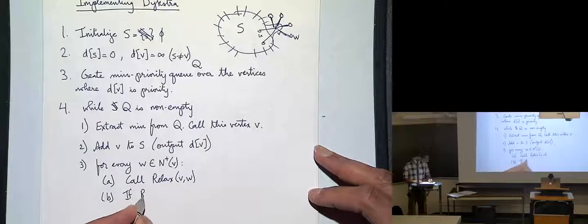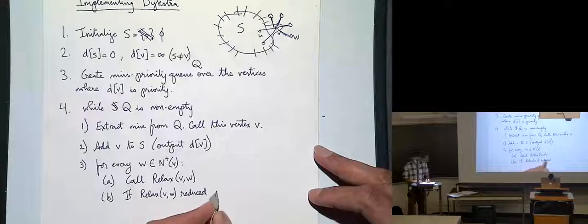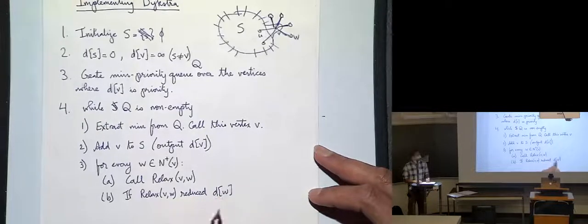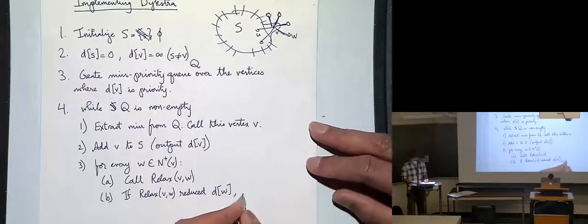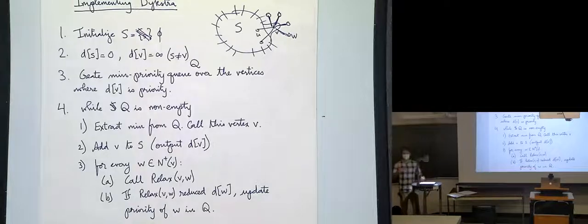If relax reduced dW, then you update the priority of W in the queue. You have to reduce the priority, because it's a min heap.